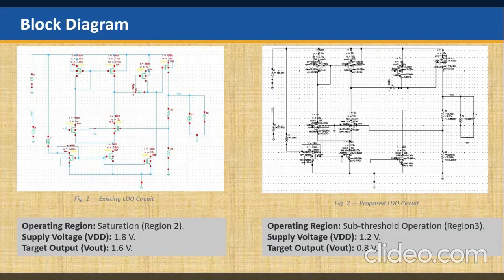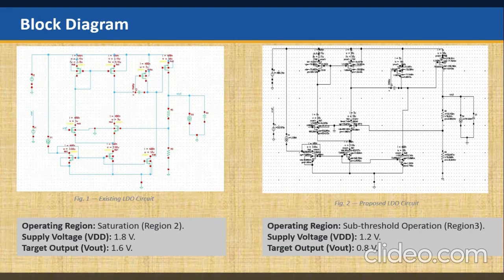And on the right, you see my proposed innovation. First, I scaled the supply voltage down to 1.2 volt, and second, the internal bias current is a tiny 50 nanoampere, which pushes the transistor into the subthreshold region, which is region 3.